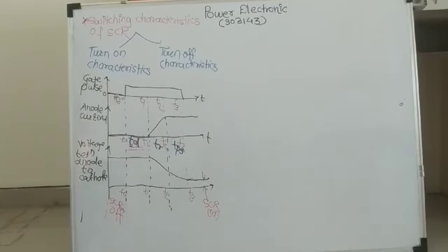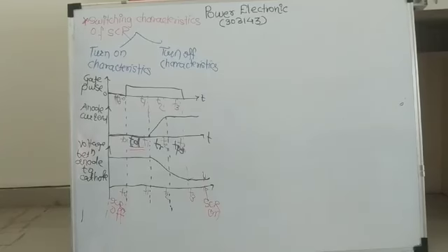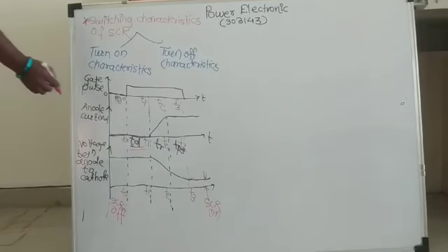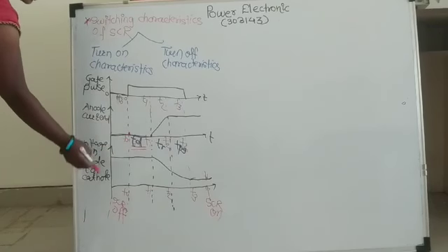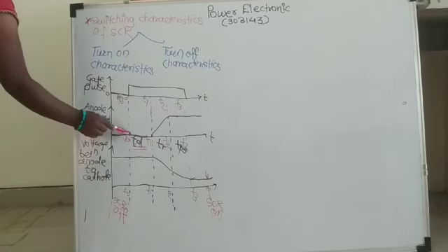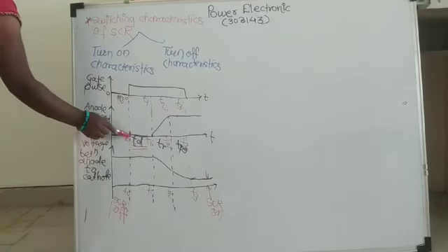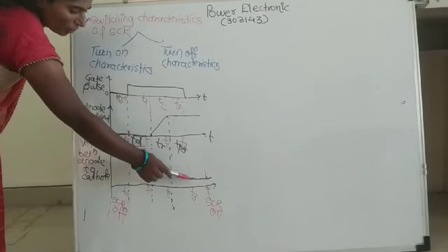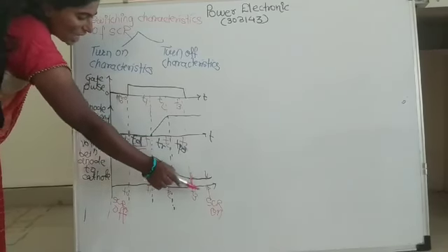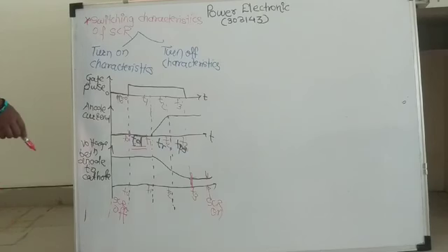Now to turn on the SCR, we observe that before this timing SCR is totally in off condition. After that it starts to turn on, and it completely turns on at t3 timing, means at this point SCR gets totally in on condition.